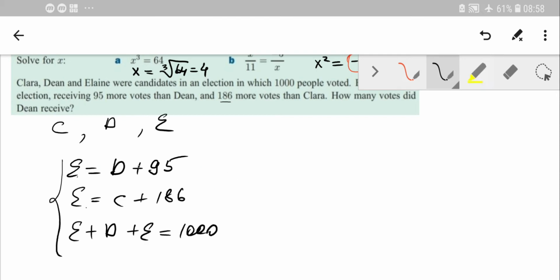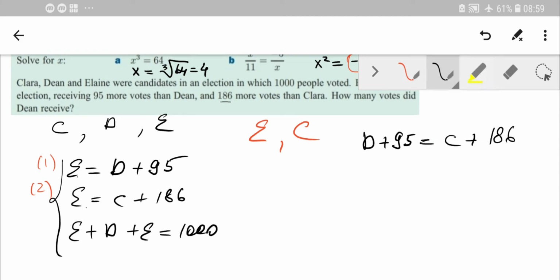First, how many votes did Dean receive? We need to exclude E and C. First of all, let's use the first and second equations and just substitute. We'll get D plus 90, and the result is C plus 186.